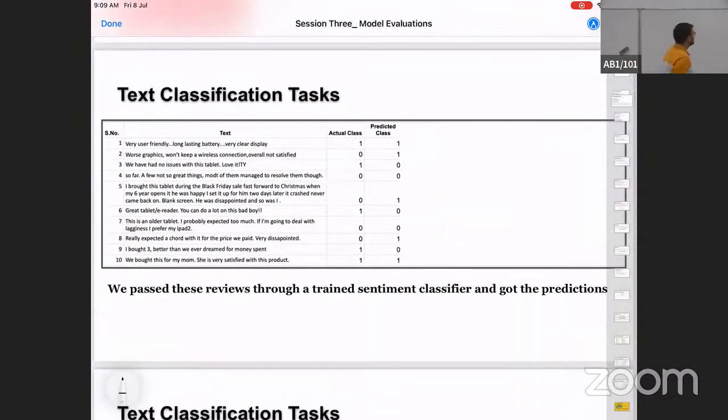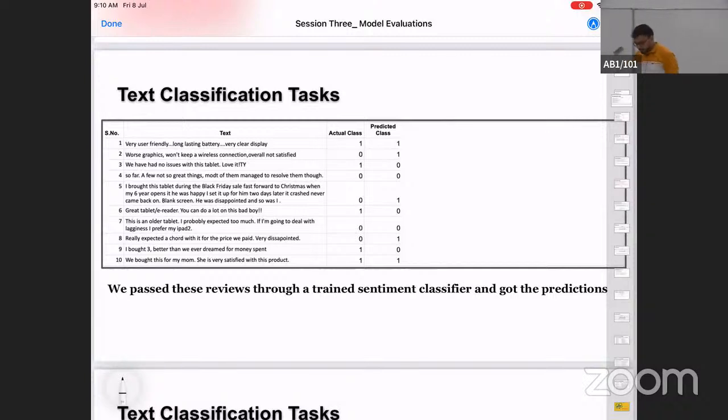Now assume that we have trained some sentiment classifier. We have seen a lot of sentiment classifiers yesterday. Suppose we have trained one and passed each of these sentences through it, one sentence at a time, and it is predicting its class, whether positive or negative. The 4th column here, the predicted class, is the predictions coming from your sentiment classifier.